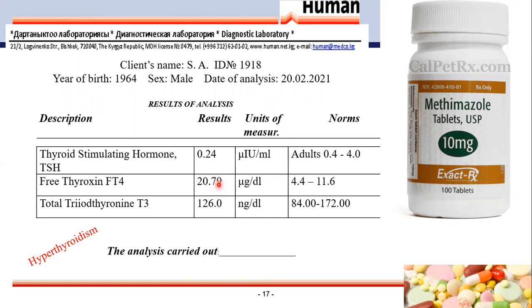The norm is from 4.4 to 11.6 microgram per deciliter. Deciliter means 100 milliliter. And total triiodothyronine T3 is normal.